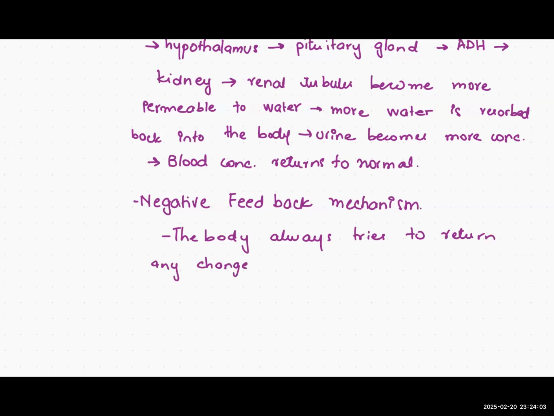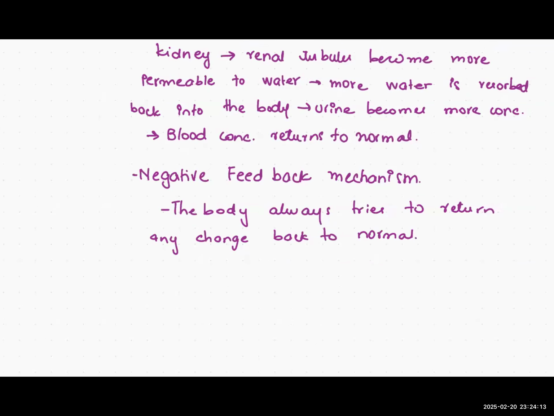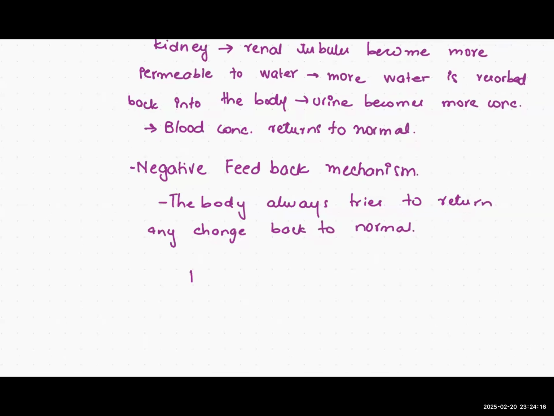So remember, in the hormones we had studied that if there's too little glucose in the blood, the body will release glucagon and it will bring the glucose back up. If there's too much glucose, the body will release insulin, and the insulin will bring the glucose back to normal. This is the negative feedback mechanism.